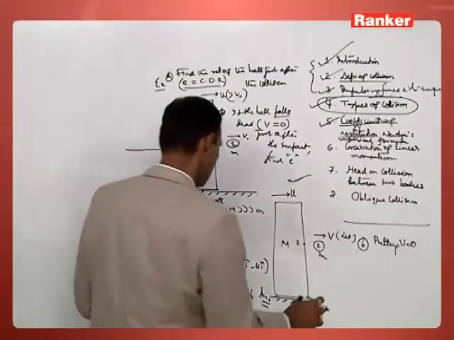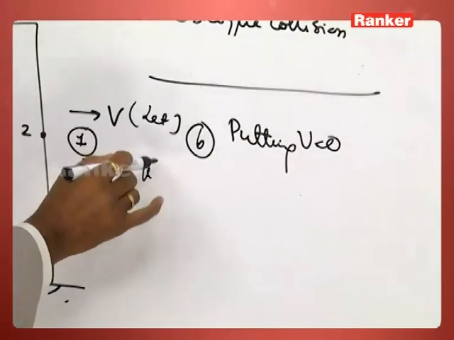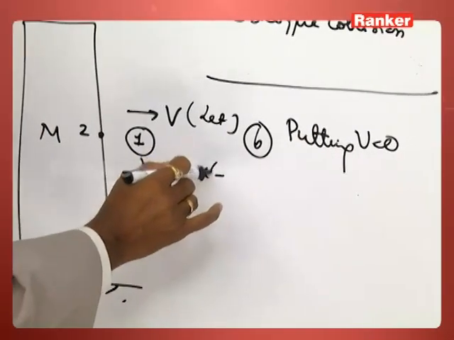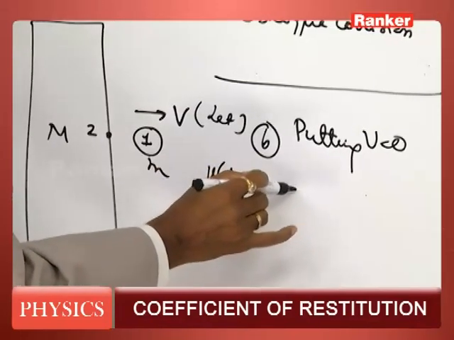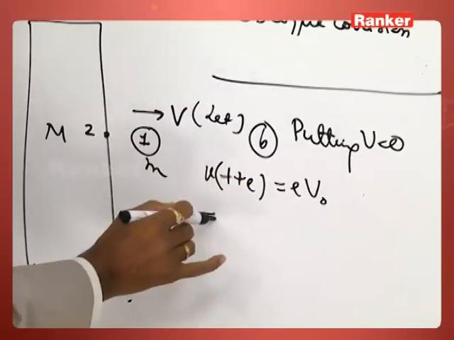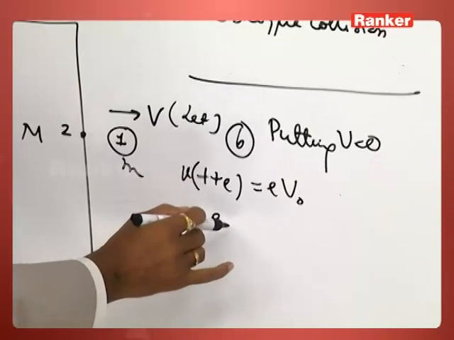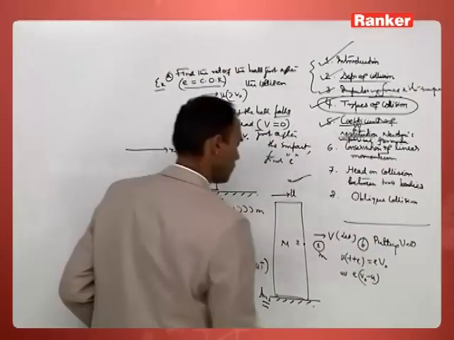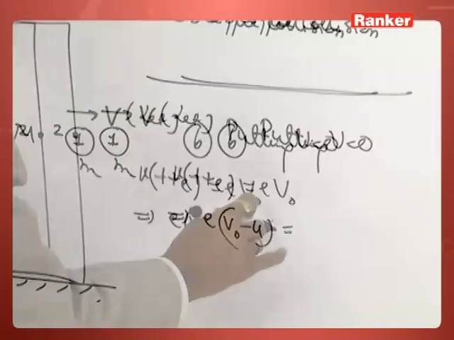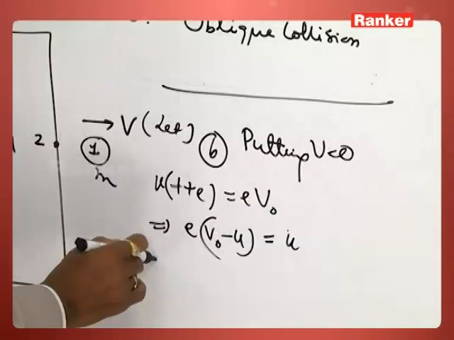We are having u into 1 plus e is equal to e into v naught. Therefore, e into v naught minus u will be equal to u.